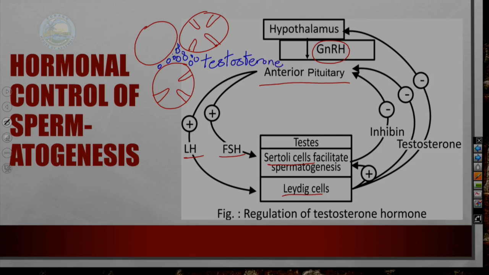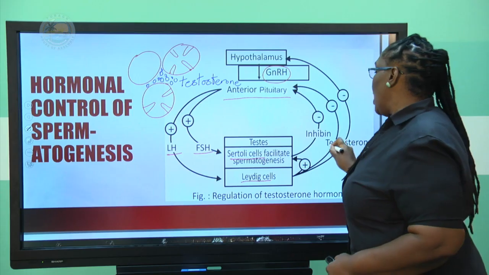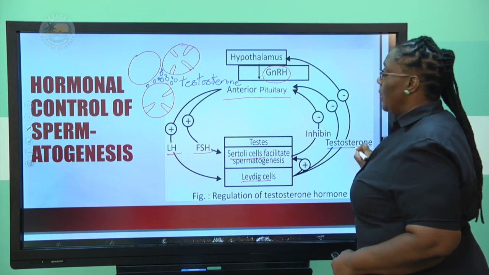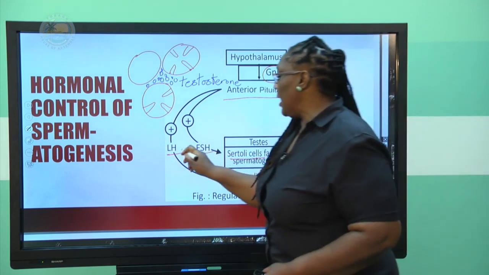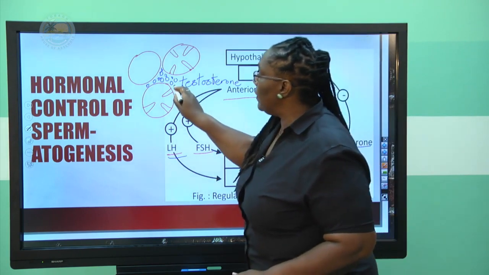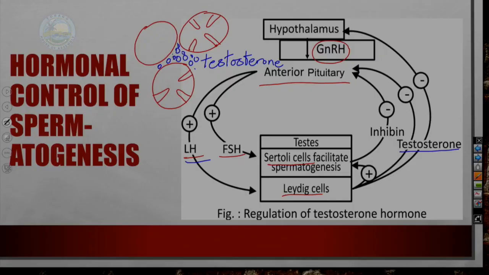But for testosterone to be produced, as you see here, you must have LH impacting on these Leydig cells. So as LH production increases, you will have more testosterone being produced.